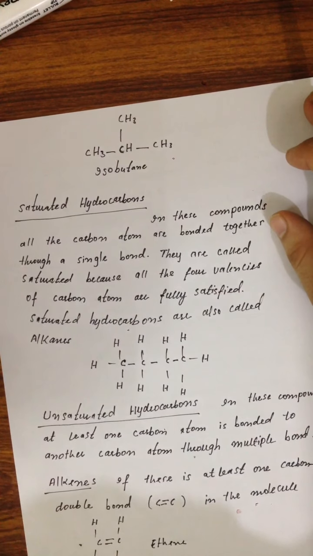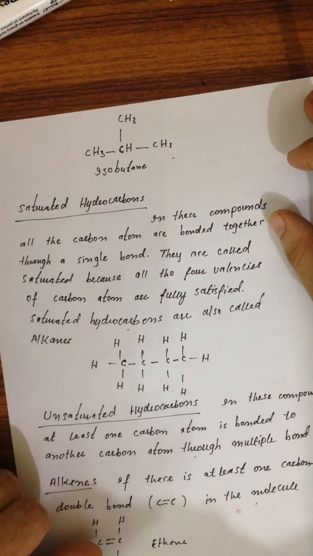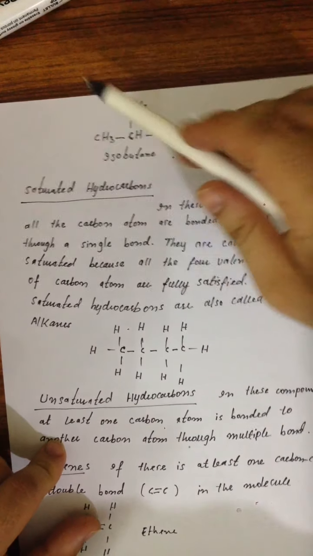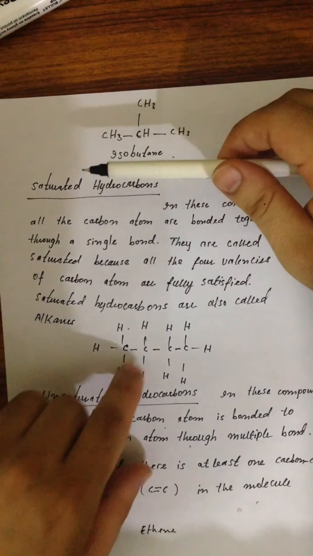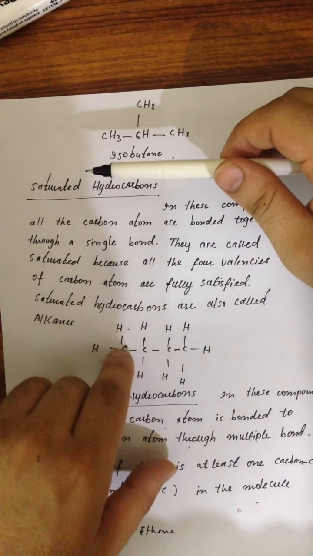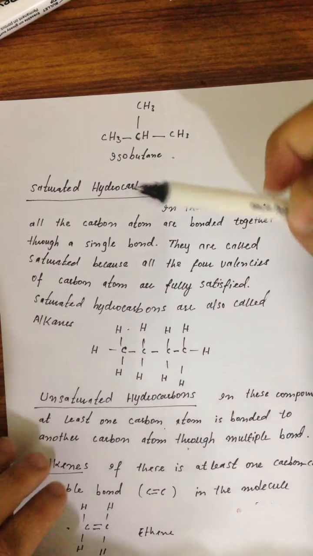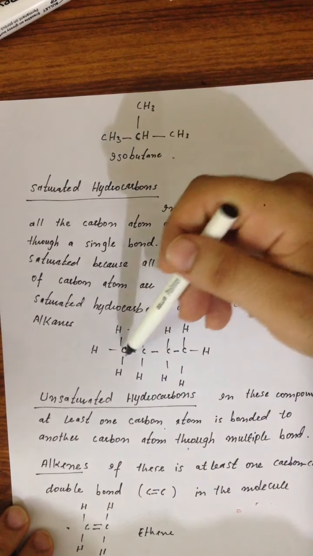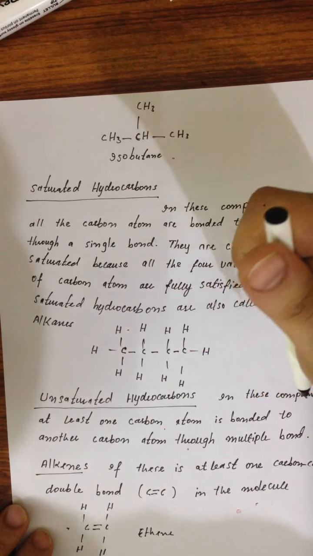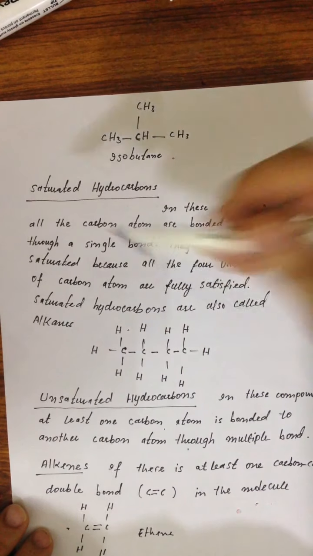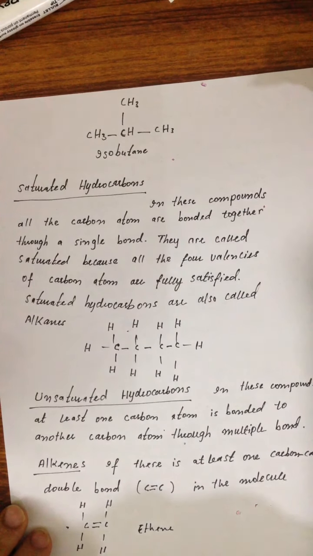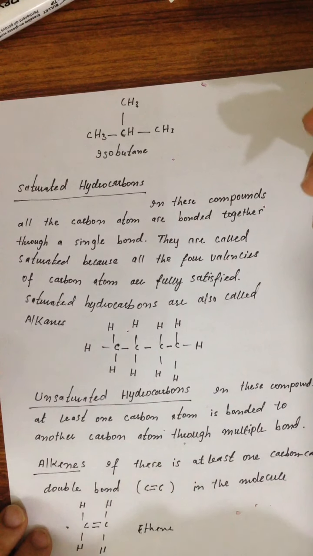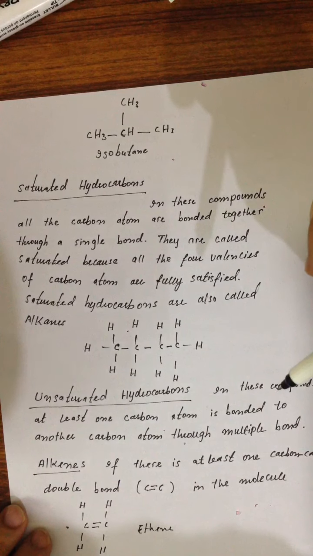Another classification of organic compounds is possible. It is based on the valencies of carbon atoms. If the valencies of the carbon atoms are fully satisfied, if all carbon atoms are forming single covalent bonds, then they are called saturated hydrocarbons. But sometimes there is at least one or more multiple bonds. So these compounds are called unsaturated hydrocarbons.